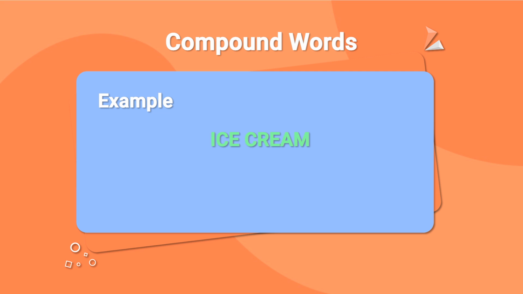Also, in the word ice cream, although a space separates the words, we pronounce them as one and can see that the word ice combines with the word cream to form a new word, which is ice cream. Also in the word twenty-two, although a hyphen separates the words, we pronounce them as one and can see that the word twenty combines with the word two to form a new word, which is twenty-two.